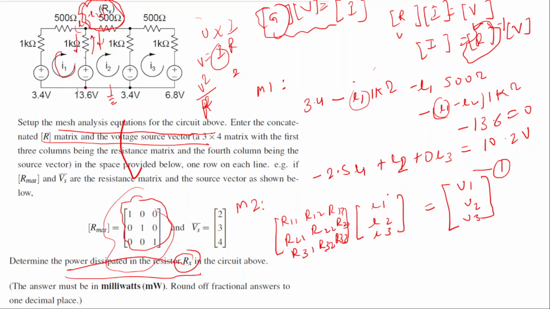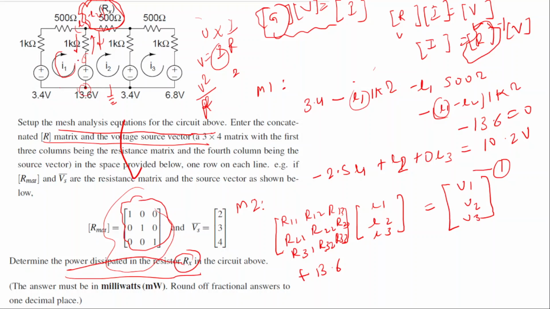Okay, so now let's write the KVL equation for this mesh 2. If we move from here to here, we get a voltage gain of 13.6 volt, so this will be plus 13.6.